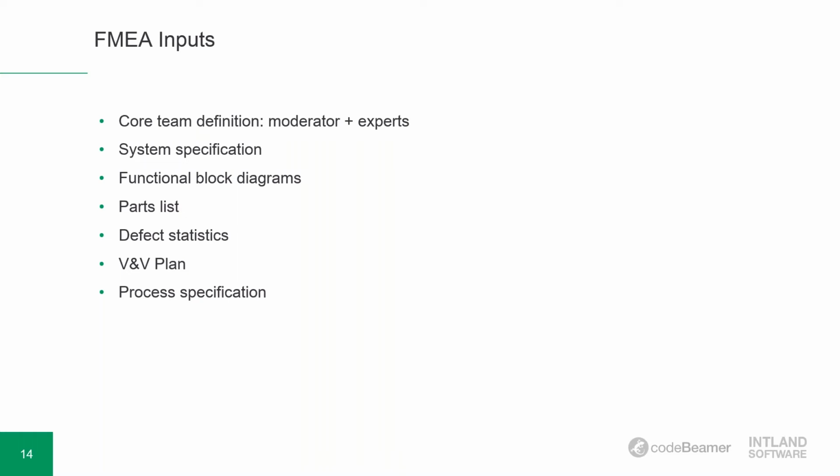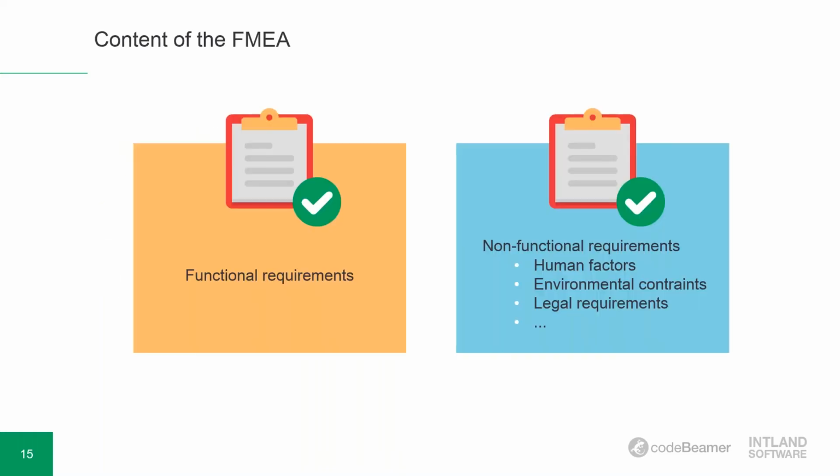If you would perform, let's say, a design FMEA of a hardware, then of course you would need to have already the parts list or hardware parts list. And if you have in your company some defect statistics, they could be very useful when you are evaluating your failure modes.